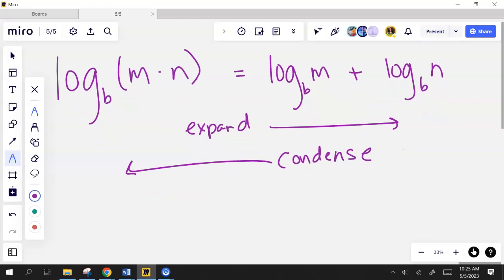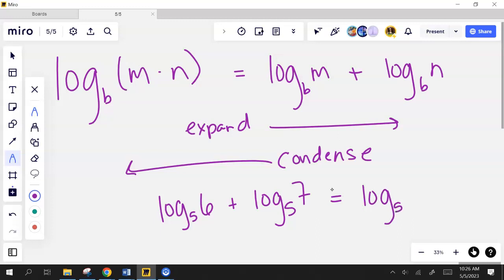Log base 5 of 6 plus log base 5 of 7, and it says to condense. So if I condense, I'm making it smaller, I'm smushing it together, what do I do? So it's log base 5 of 42. All right, look, if I'm multiplying here, then I split them and add them.